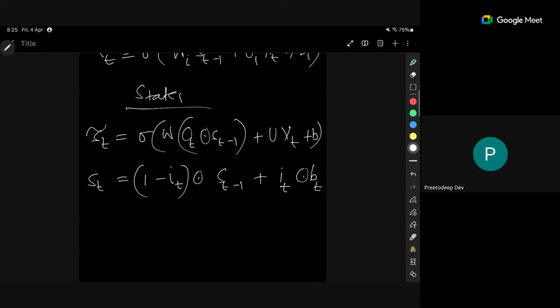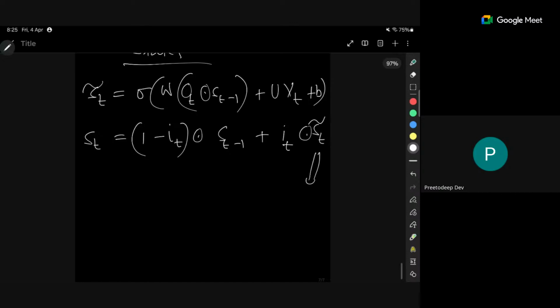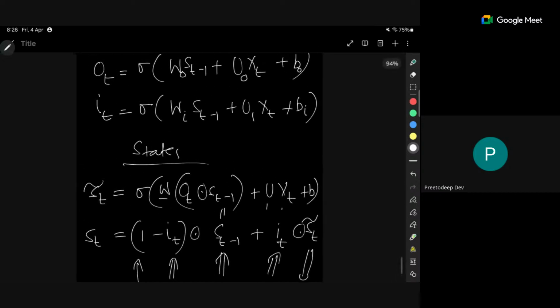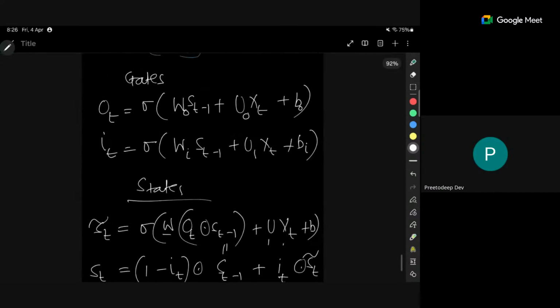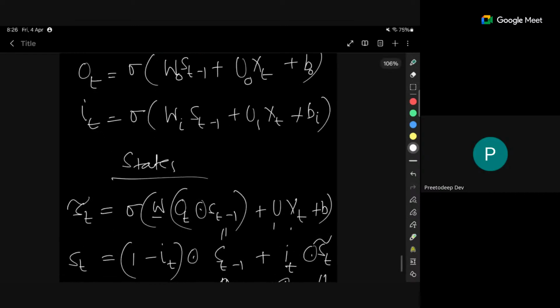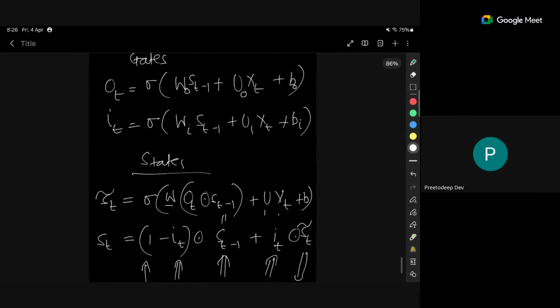So this ST tilde is going to be a vector, and this W is not going to be a vector; it is going to be a matrix, and OT is going to be a vector. If you know this, you understand how multiplication works and how it's going in. That much is expected, like how you calculate the parameters.